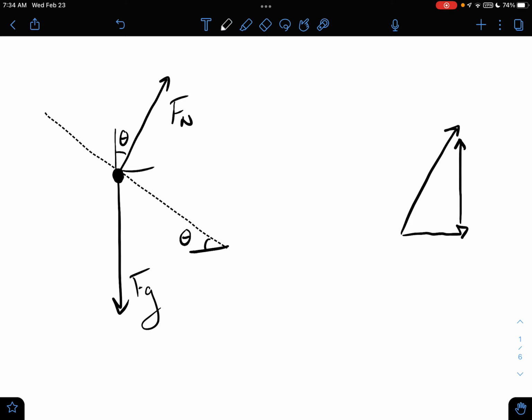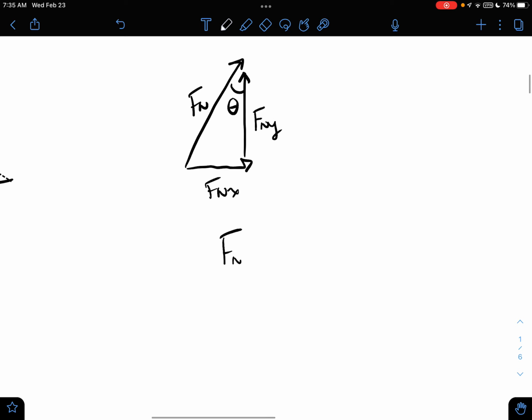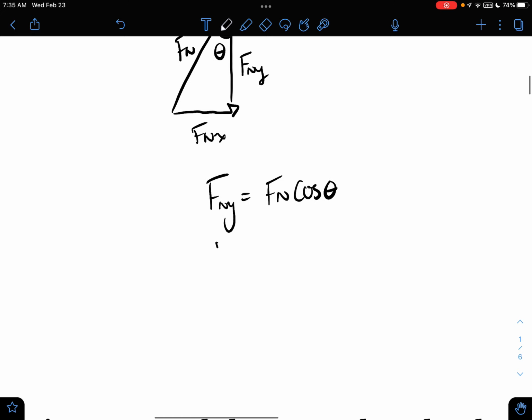So it's going to put theta for this triangle up here. So here's our Fn, here's our Fny, and our Fnx. So Fny is going to equal Fn cosine theta, and Fnx is going to be Fn sine theta.